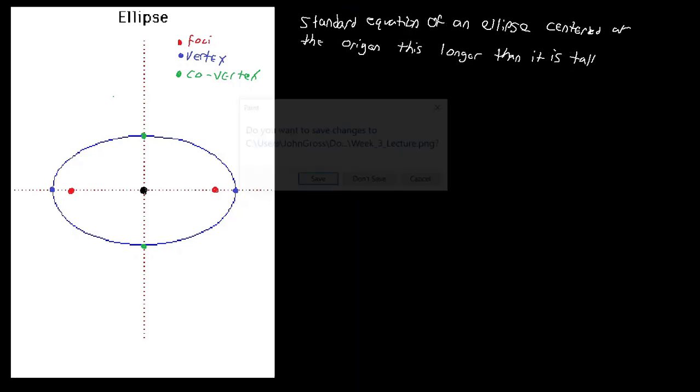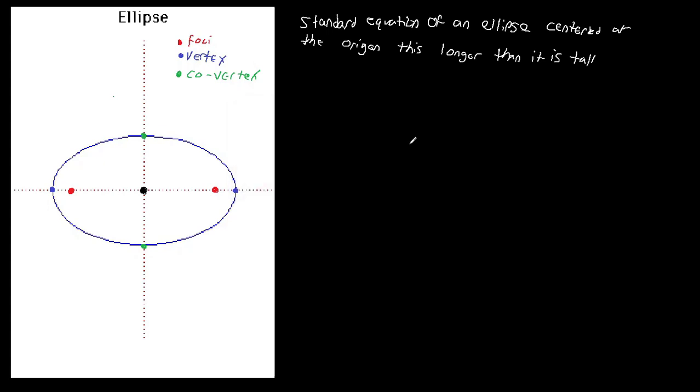So basically what I'm saying is that the ellipse center is the coordinate 0, 0, and the major axis is a horizontal line and the minor axis is a vertical line. That's what this whole thing means.